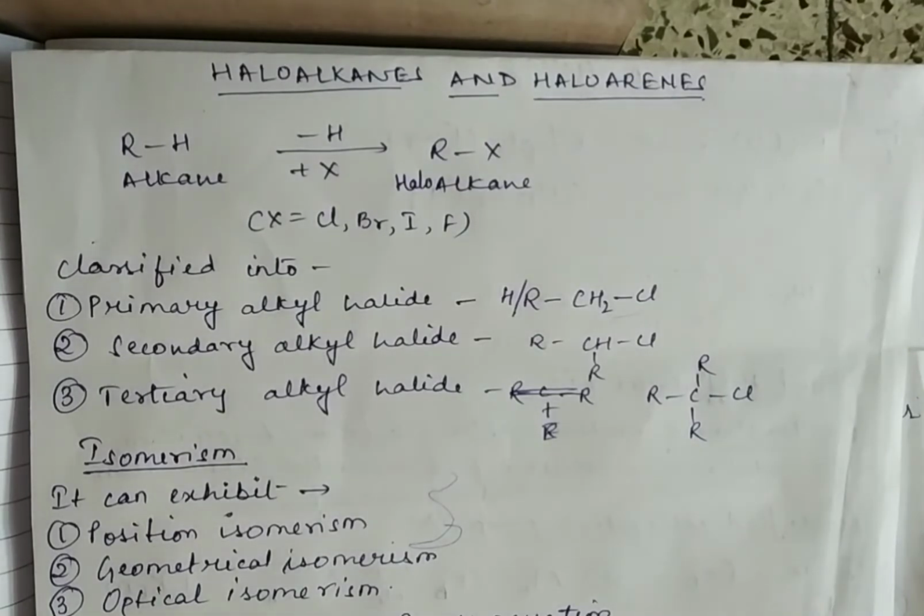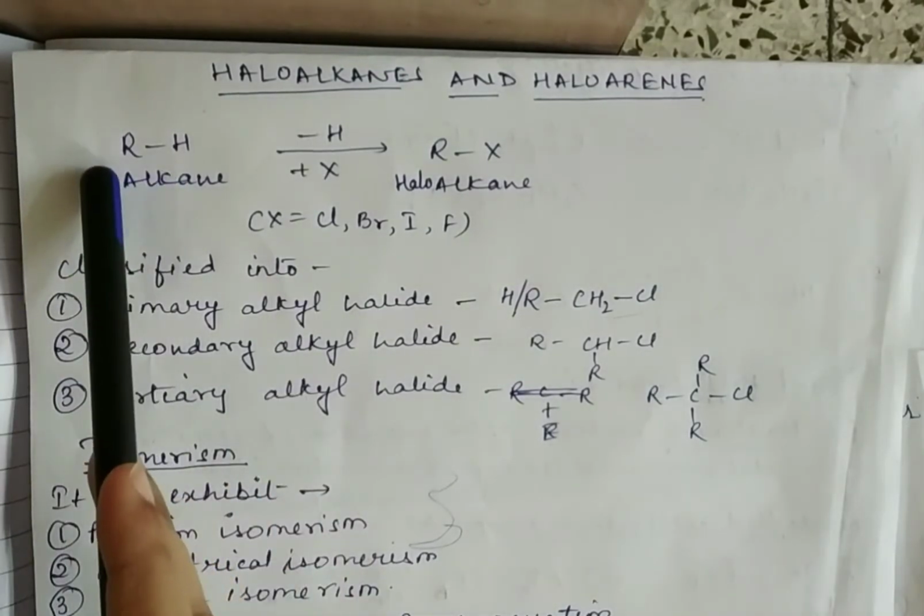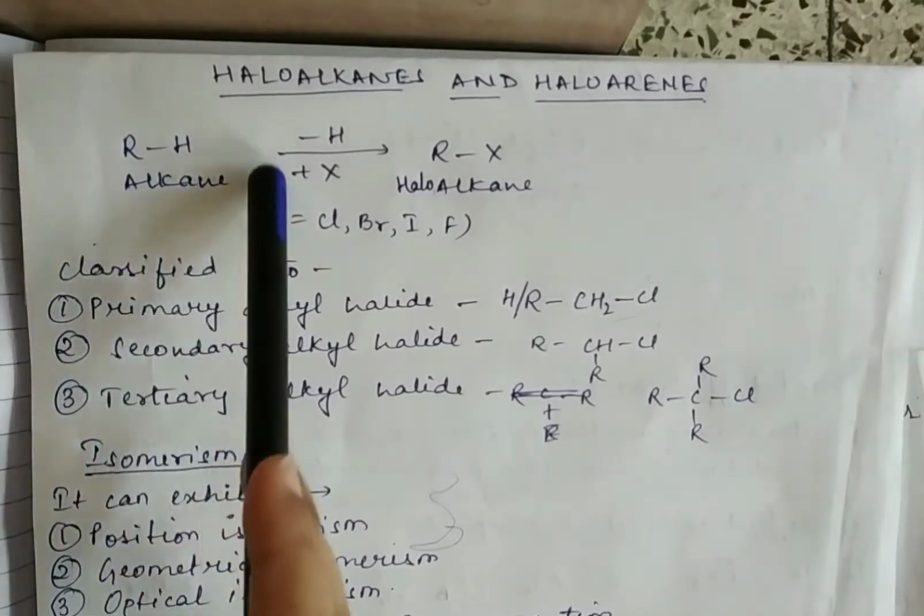What do we mean by haloalkanes? Haloalkanes are halogen derivatives of alkanes or halogen substitutes of alkanes. So here I have taken a general expression expressing the same. RH is the general expression for alkane.